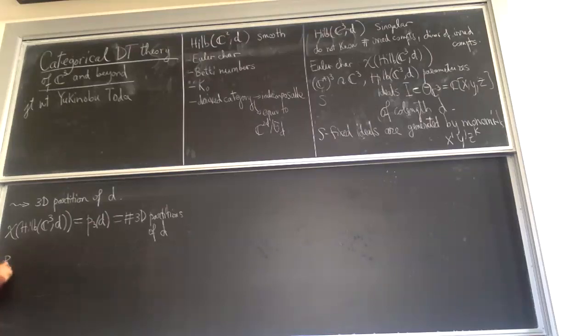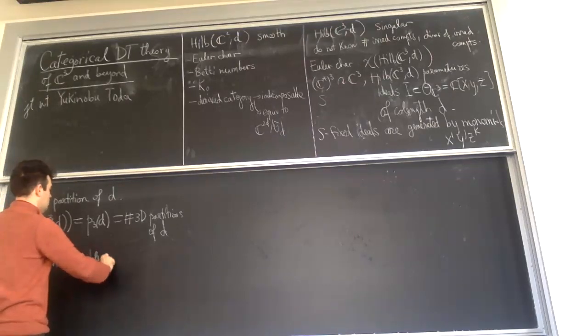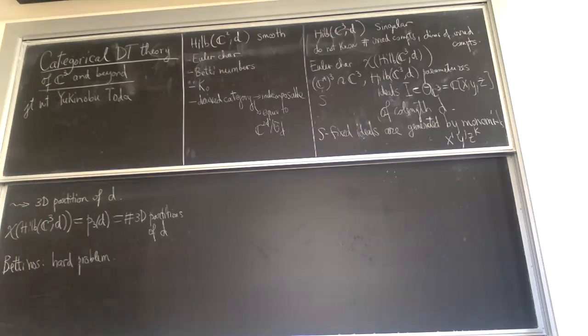Now for the Betti numbers, this seems a very hard problem, or at least not amenable with the current techniques. So by Betti numbers, you mean this periodic cyclic homology?